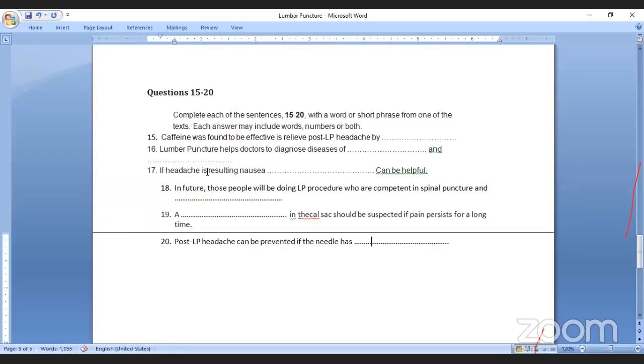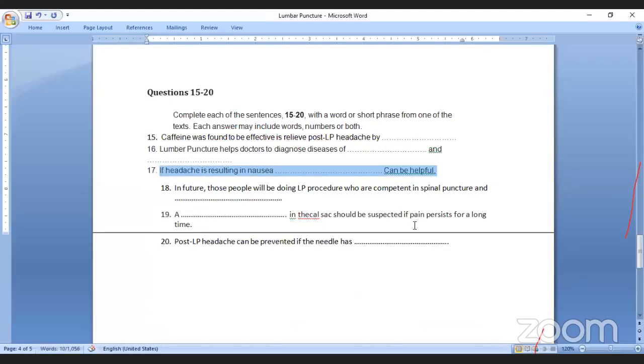So if headache is resulting in nausea, dash could be helpful. So where can we find this answer? I think in text C, yes?